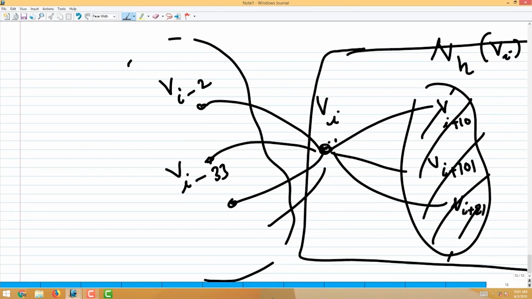See, V1 was a simplicial vertex with respect to the entire graph. Now when you removed V1, you got V2, which is a simplicial vertex with respect to the graph on V2, V3, up to Vn, without V1. If V1 is there, that V2 may not be a simplicial vertex, right?